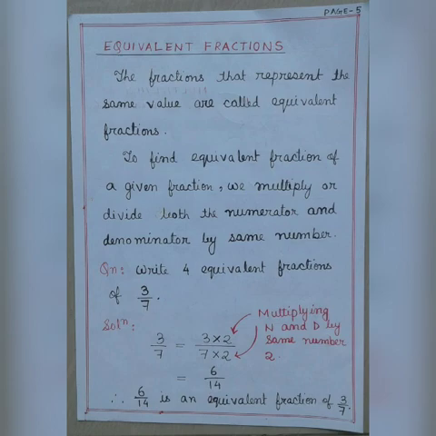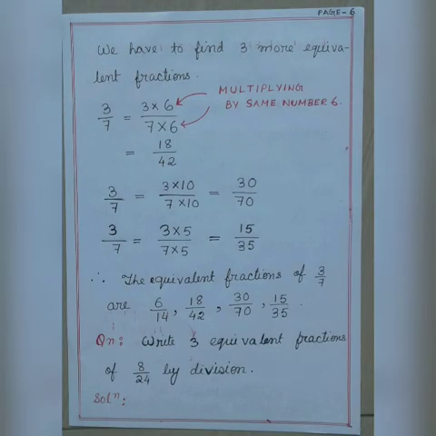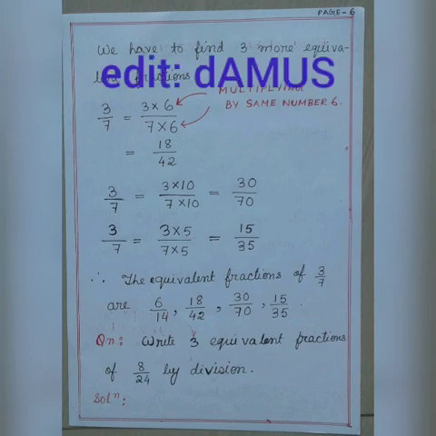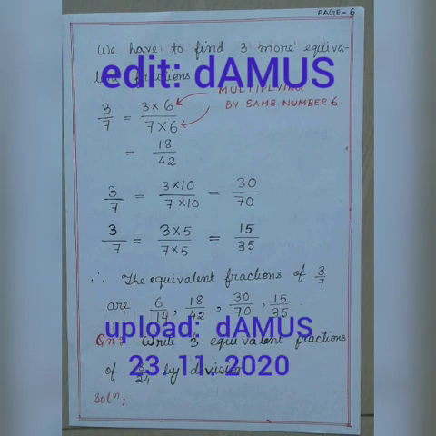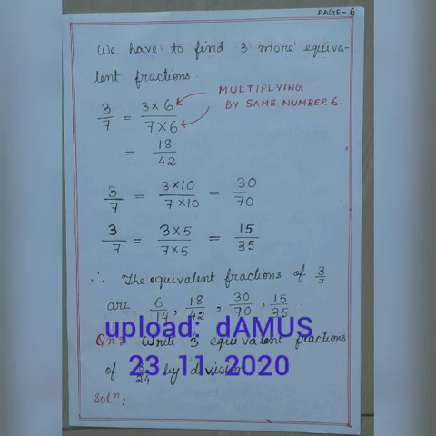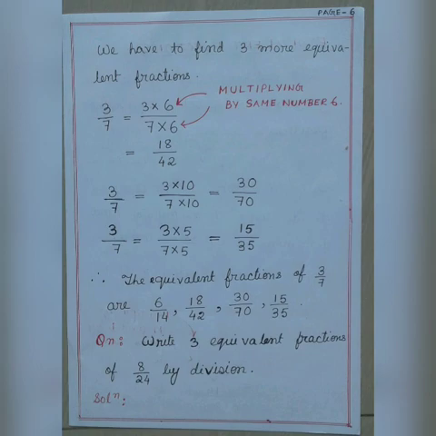Therefore, 6 by 14 is an equivalent fraction of 3 by 7. We have to find 3 more equivalent fractions. So let us multiply the numerator and denominator by another number, 6. So 3 into 6 is 18. 7 into 6 is 42. So another equivalent fraction is 18 by 42.